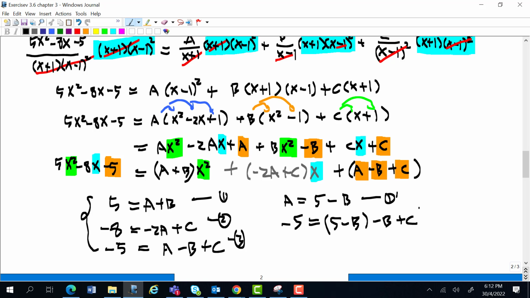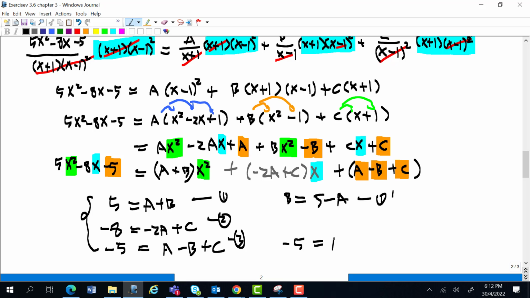Or let me try another way. From equation 1, I want to figure out what b is. b is actually 5 minus a. Now substitute in equation 3, you get minus 5 equal to a minus b, which is a minus 5 plus a now, plus c.